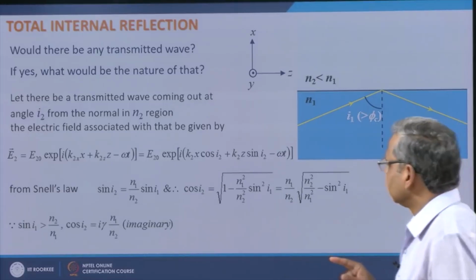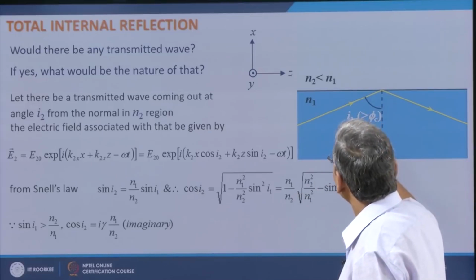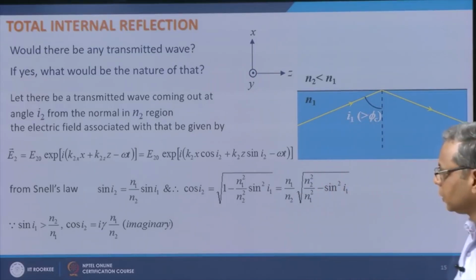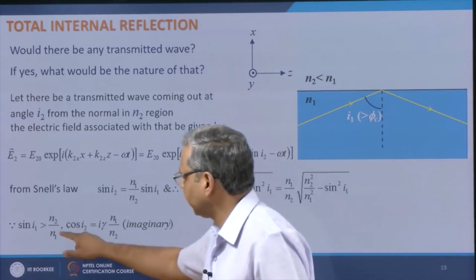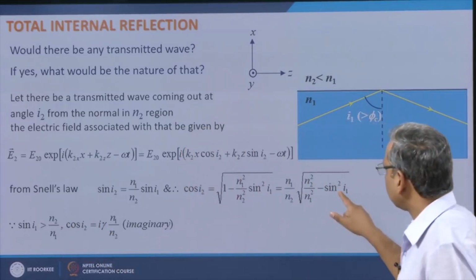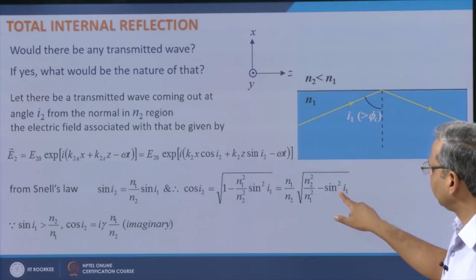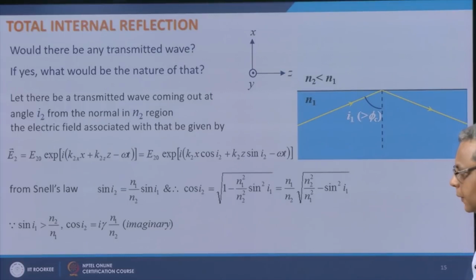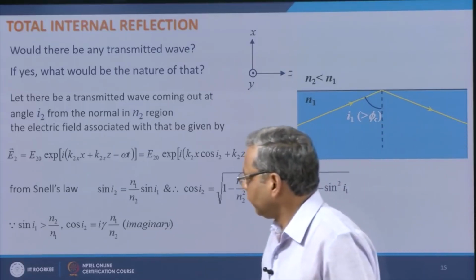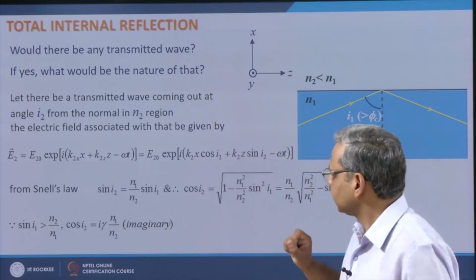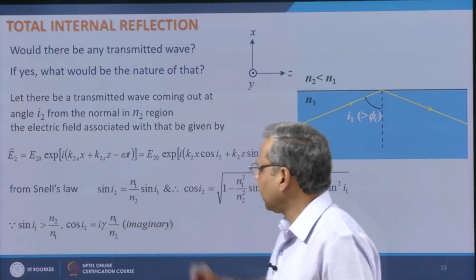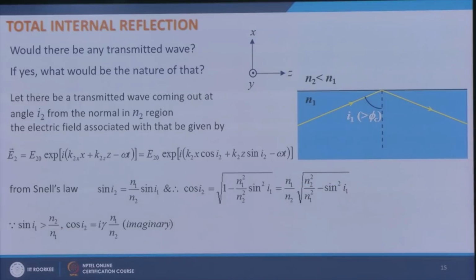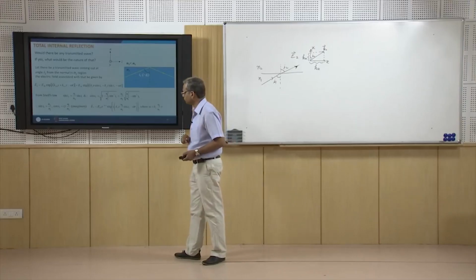And since I1 is greater than the critical angle for total internal reflection, sine I1 should be greater than n2 over n1. If sine I1 is greater than n2 over n1, then this quantity would be imaginary. So I will have this cosine I2 as some i gamma times n1 over n2. Let me represent this as i gamma, which is imaginary now.